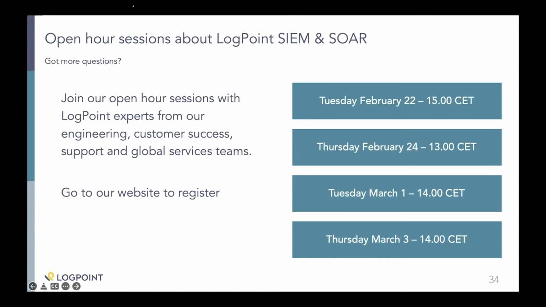Some might utilize our global services service that is called a playbook design service, where we help organizations build their playbooks from scratch and bring them up to production in a speedy process.